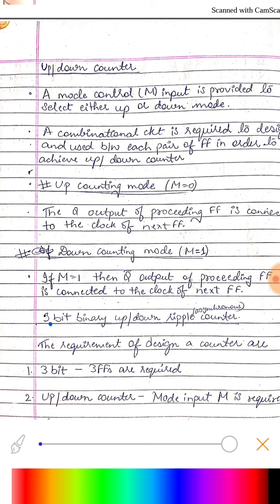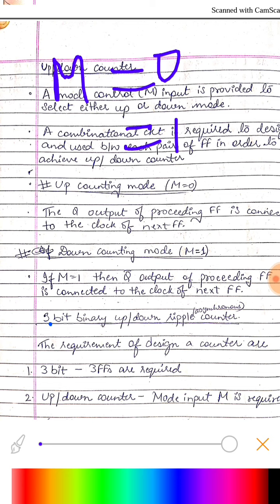So we use a mode, that is M, that can be 0 or it can be 1, to choose between the up counting mode and down counting mode.